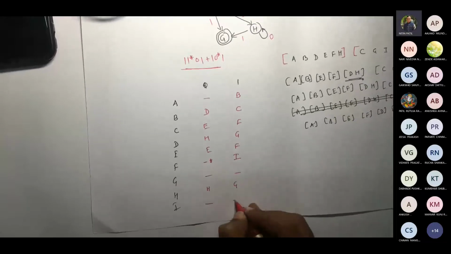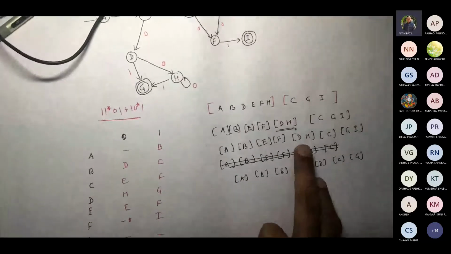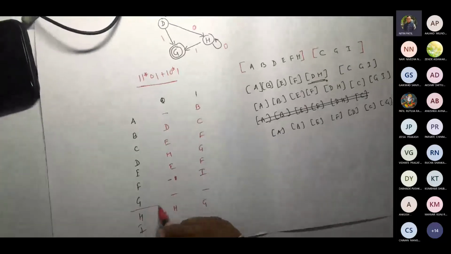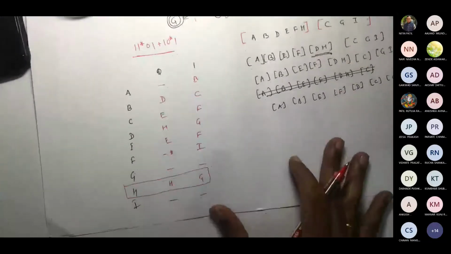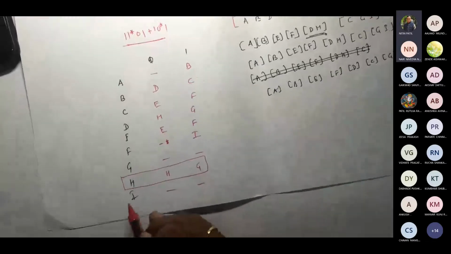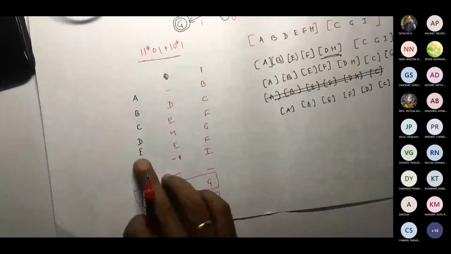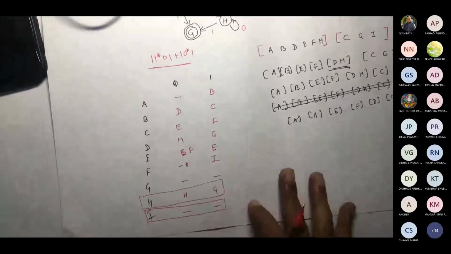Now what we did here, we replaced DH by D. So remove this H. And for GI, we removed I. For I, E, it will be FE. Fine.